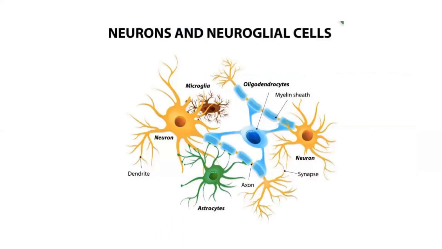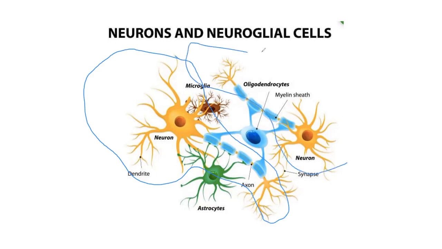Then this is the structure of neurons and neuroglial cells. Here you can see the neuron, then you can see astrocytes, then you can see axon. So this whole part is a neuron, and these are also neurons.